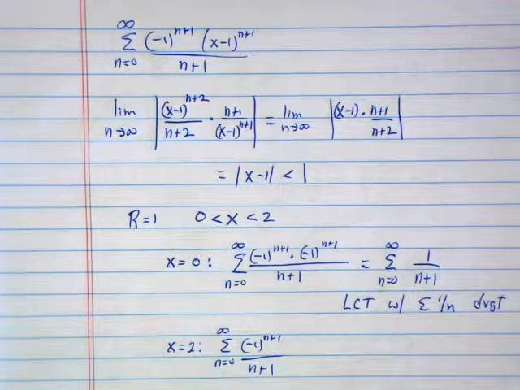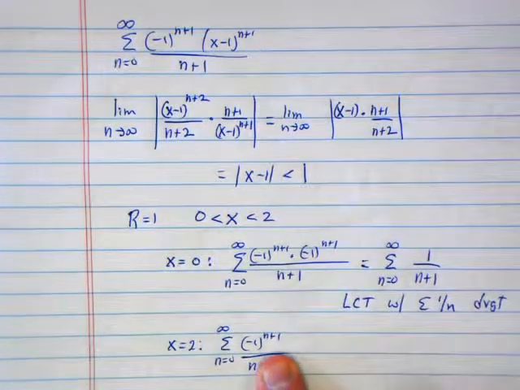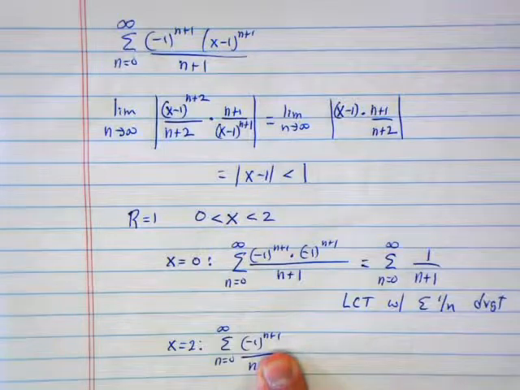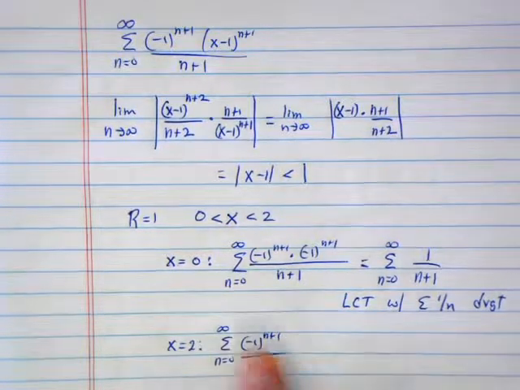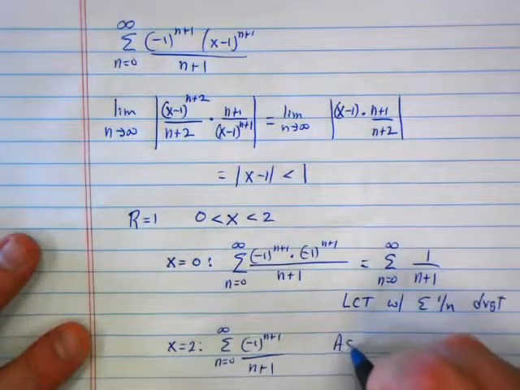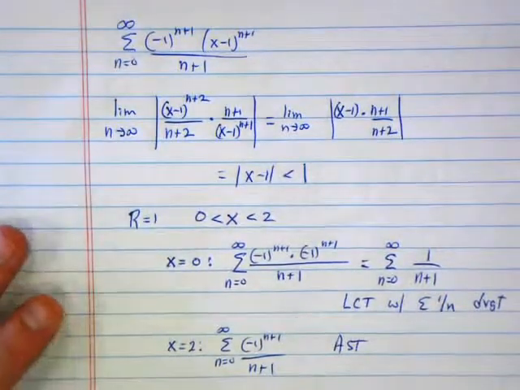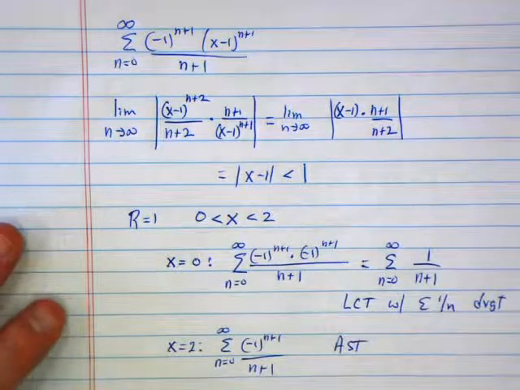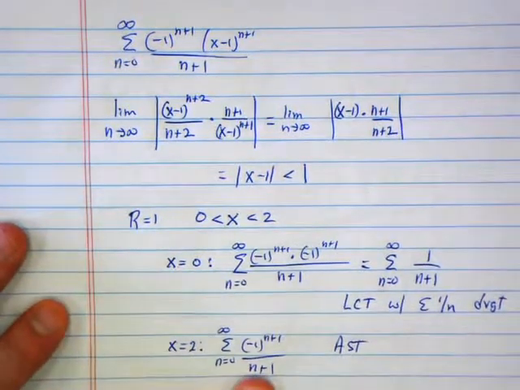Because we know the alternating harmonic series converges. And again, if I cover up that plus 1, I really have the alternating harmonic series. So we assume this is going to converge. I think it would be best if we actually used the alternating series test. Is 1 over n plus 1 decreasing? Yes.